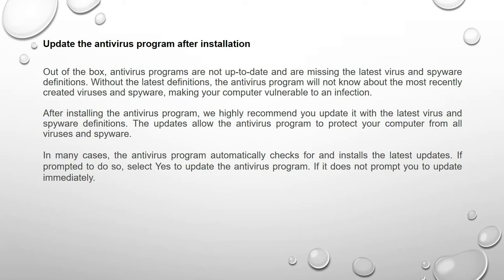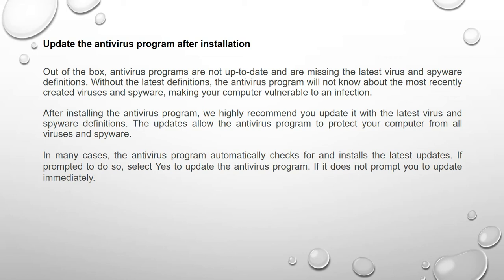So what is the procedure? How do you update the antivirus program? An antivirus program that is not up to date will be missing the latest virus and spyware definitions. Without the latest definitions, the antivirus program will not know about the most recently created viruses and spyware, leaving your computer open to infection.